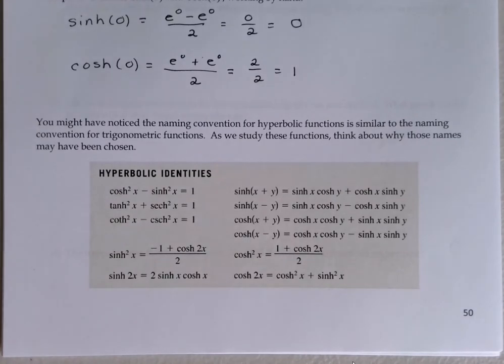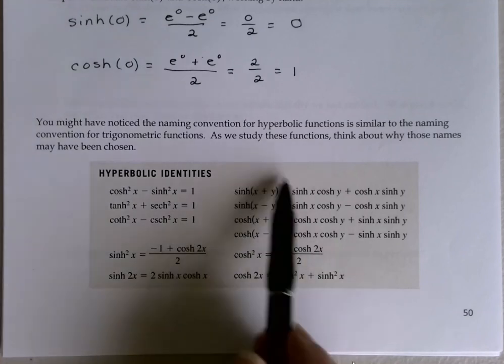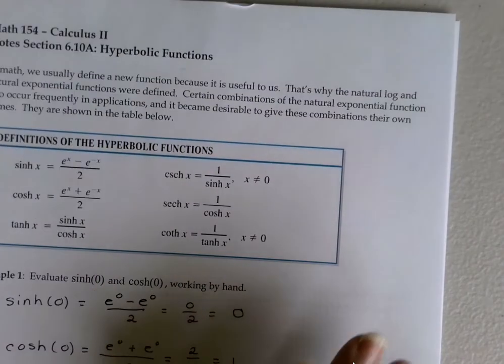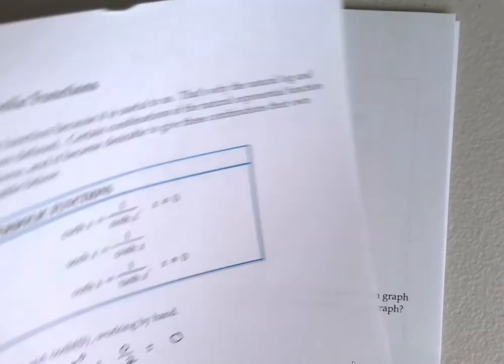So a lot of these are very similar, but one sign, positive or negative, will be different. Here's a list of hyperbolic identities. There are more, but these are probably the ones that we would be most likely to come across or use. So I've put them in here. And just like trig identities, you can actually prove hyperbolic identities as well.